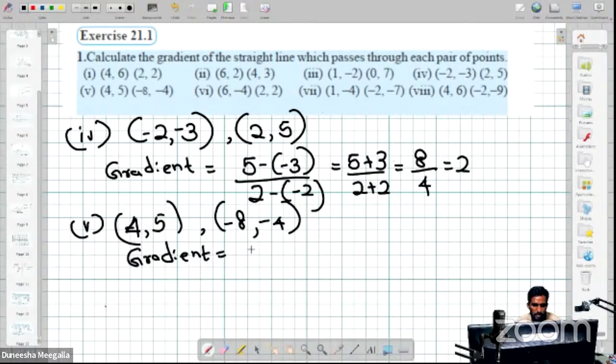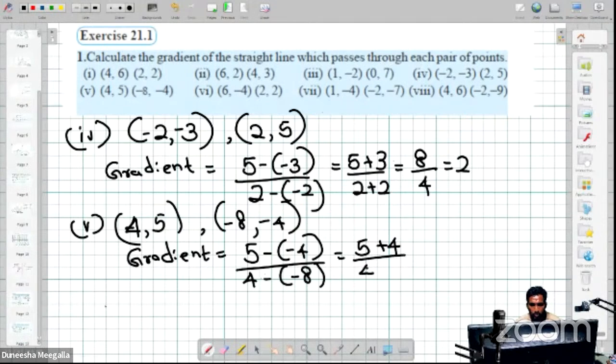I'm using 5 minus 4, then 4 minus 8. 5 plus 4, then 4 plus 8. 9 divided by 12. What is that? 3 over 4.